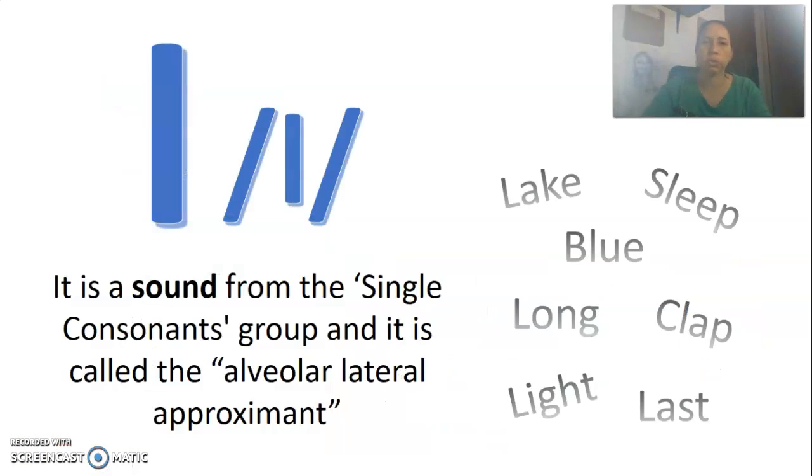Now I'm going to tell you about the L sound. You can hear this sound in words like lake, sleep, blue, long, clap, light, last. It is a sound from the single consonant group, and it is called the alveolar lateral approximant.